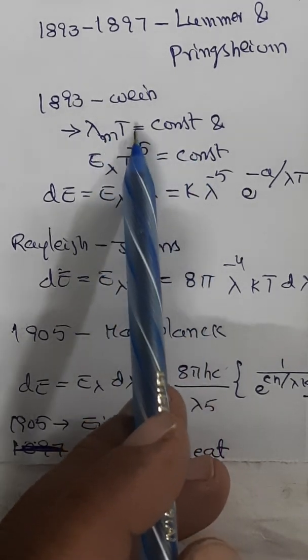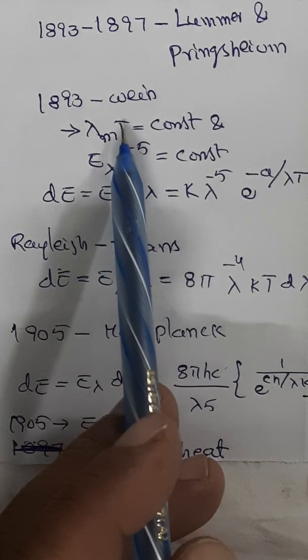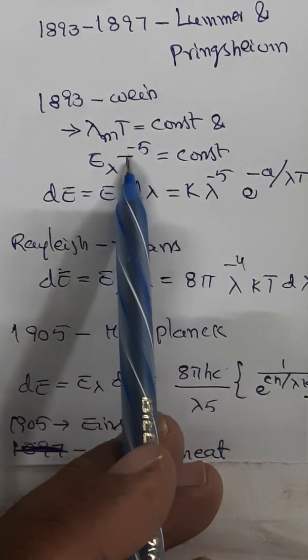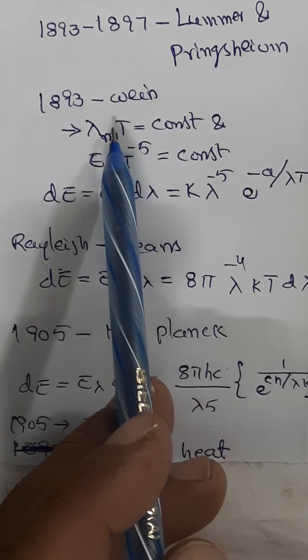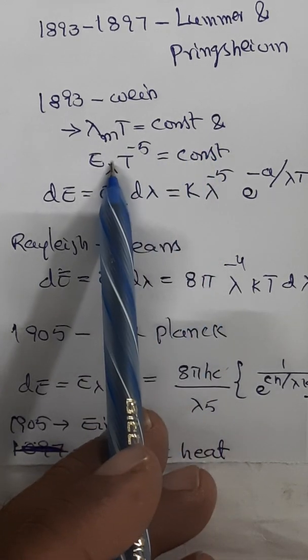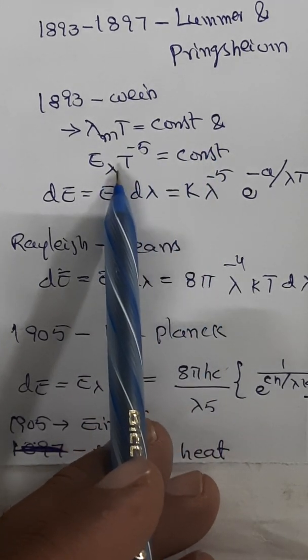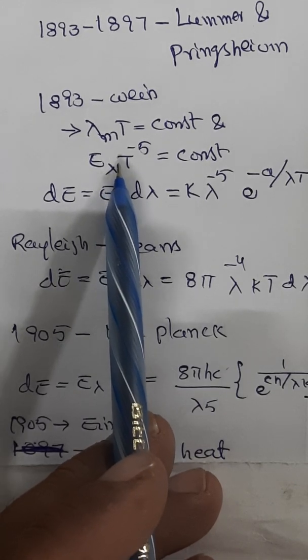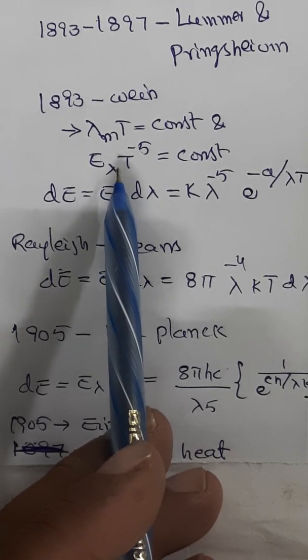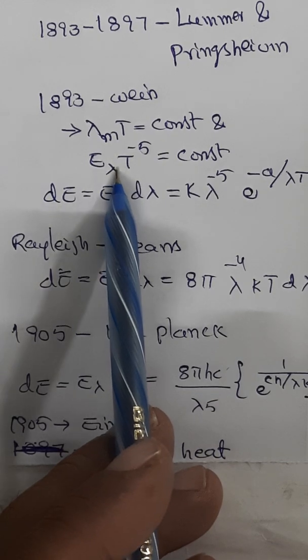These two were thermodynamically solved by Wien, where lambda_m is the wavelength corresponding to temperature T and E_lambda is the emissive power, that is, the quantity of radiation emitted per square centimeter per second at a given temperature.